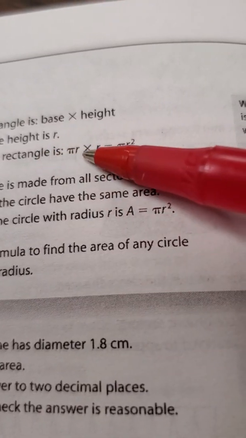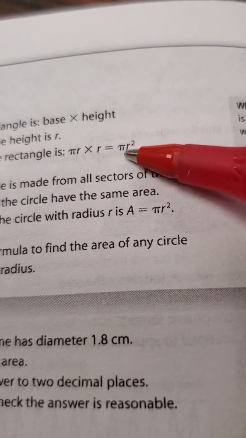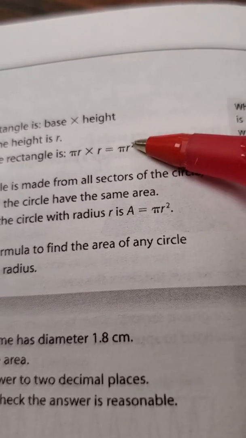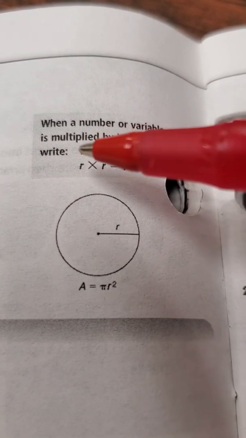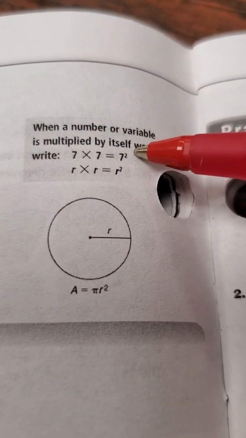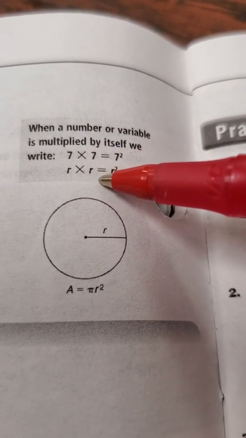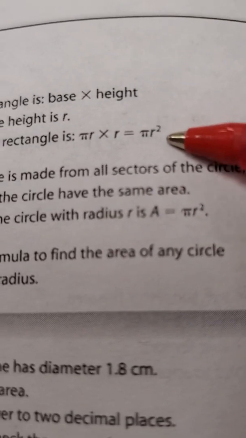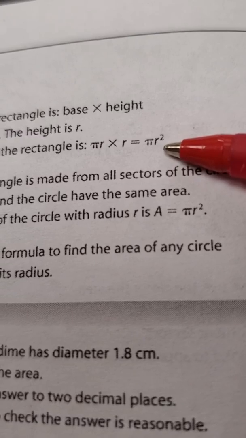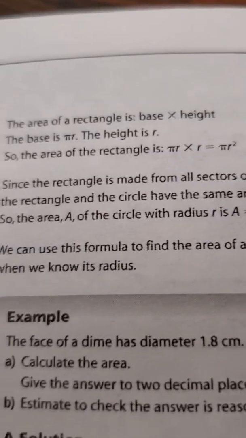So pi times r times r is the same thing as pi r squared. This does not mean multiply by 2. They put this little example on the side. Remember, 7 times 7 is 7 squared, which means r times r is r squared. So when you're doing this formula, don't multiply by 2. You multiply r times itself and then multiply it by pi.